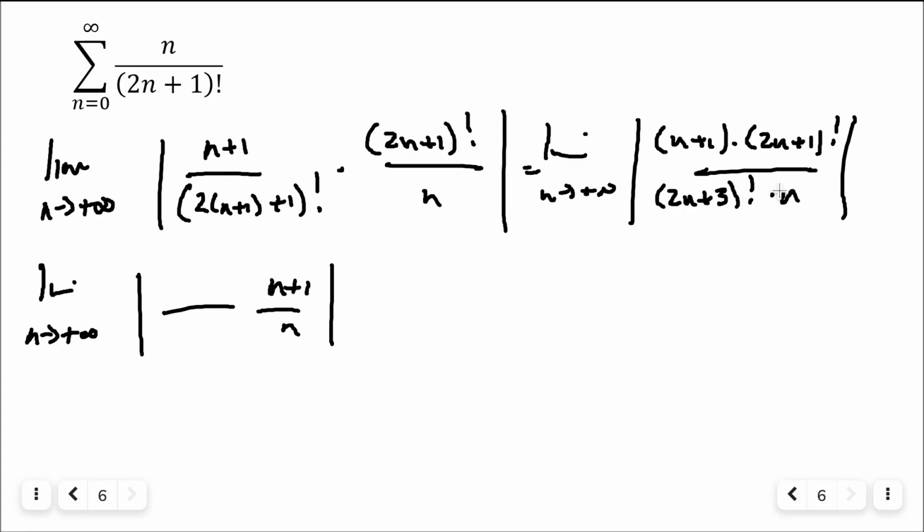Okay, so this term has, let's see, 2n plus 3. So for example, if I were to start writing it out, starting from 0, I'd have 3 factorial, or we'd have 3. Oh no, we're going to start from 1. So if I plug in 1, that would give me 5 factorial.